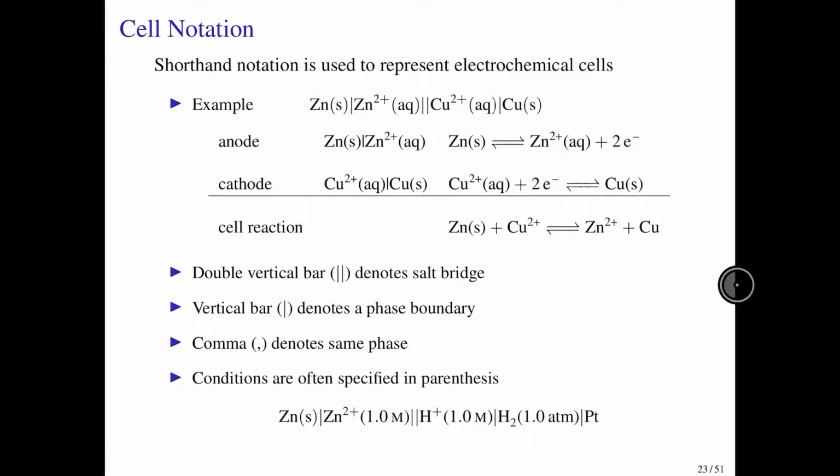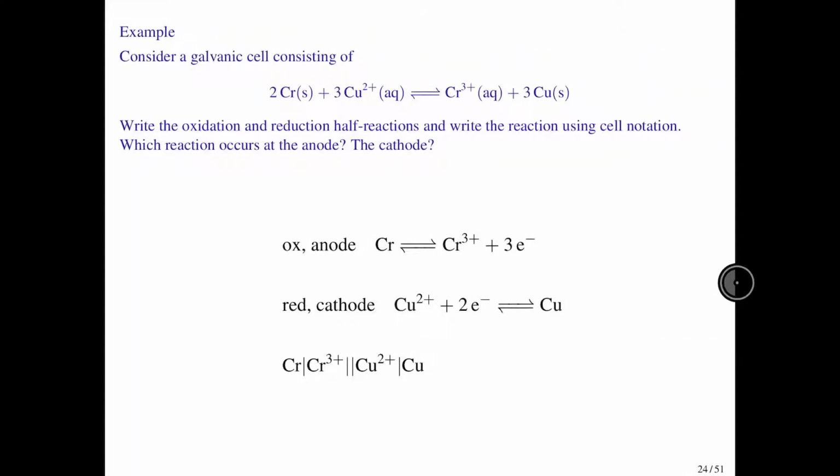So what we need to be able to do is convert from redox reactions to cell notation and back. Given this redox reaction, what are the half reactions of interest, and then what's the cell notation for the electrochemical cell? In order to assign the half reactions, you have to look at the oxidation numbers.